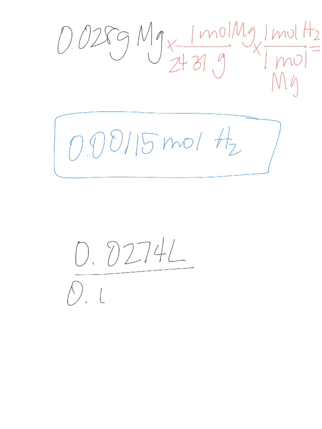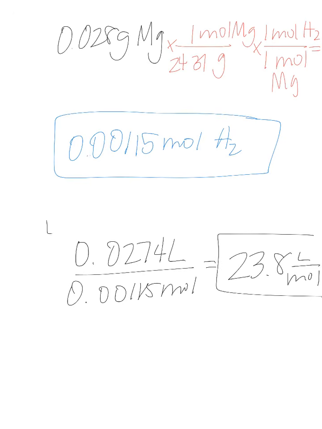So 0.00115 moles. Because look guys, this is giving us liters per mole. So when I divide these out, I get 23.8 liters for every mole of gas. That's what I get for number 4.